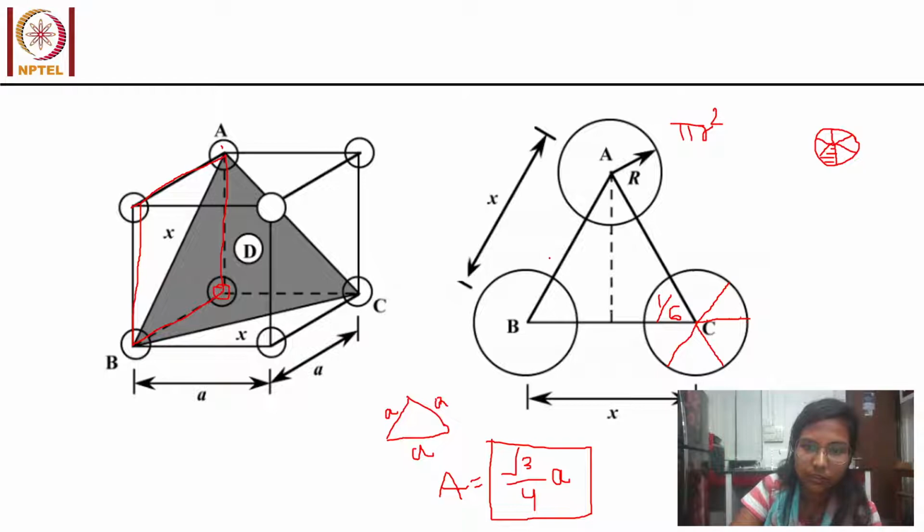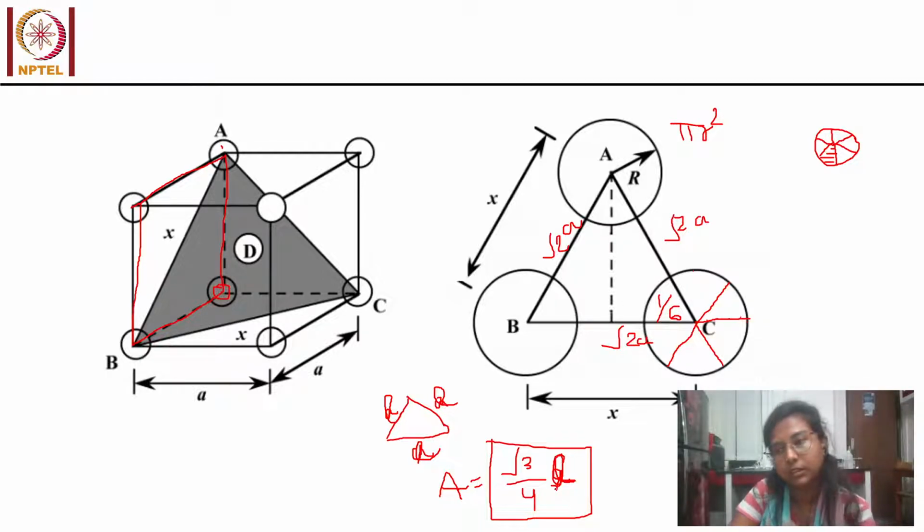So for this triangle, this is my root 2 into A, this is my root 2 into A, this is my root 2 into A. So root 2A is my length. So here, to avoid the confusion, I should make it L, where L represents the length. So this is root 3 by 4 into L, because L is my edge length of the triangle.